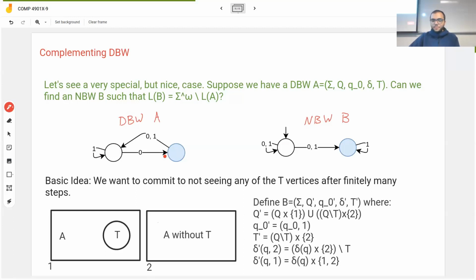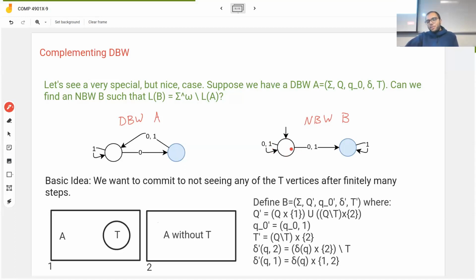So when I want to complement it, in a sense, what I want to do is make a commitment. And the commitment is going to be that I'm not going to see zeros from this point onwards. And that's what this automaton does. So it says, do whatever you want for a finite prefix, I don't care.